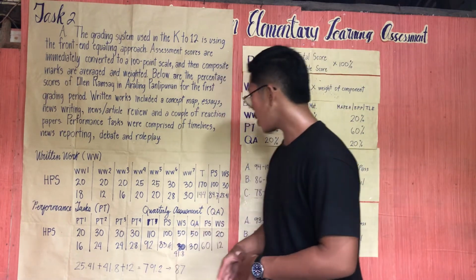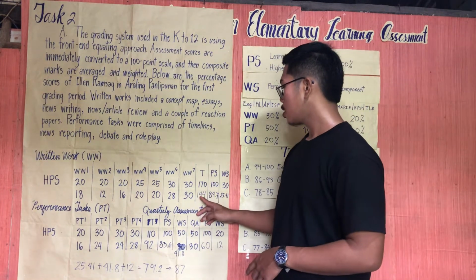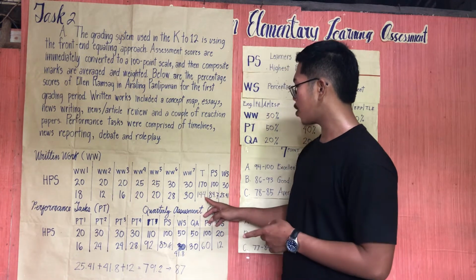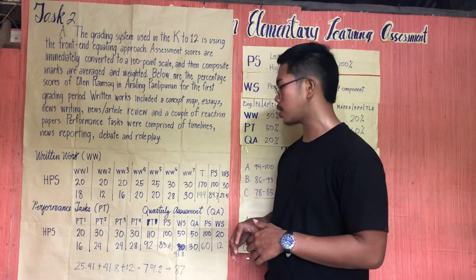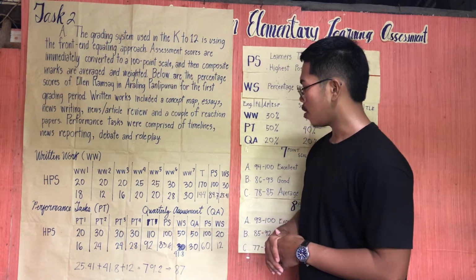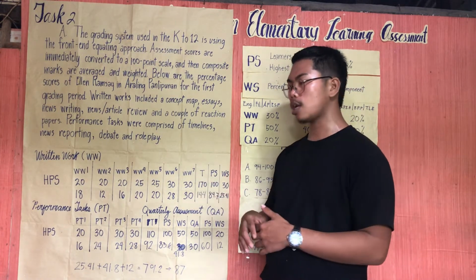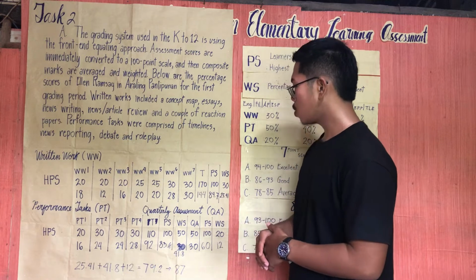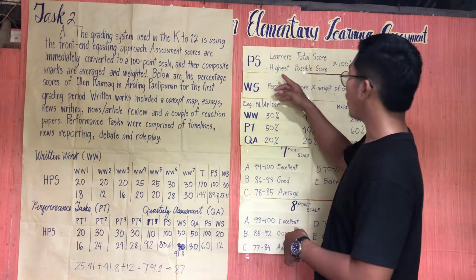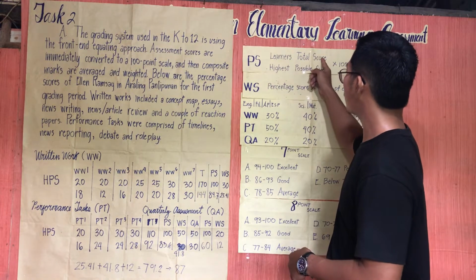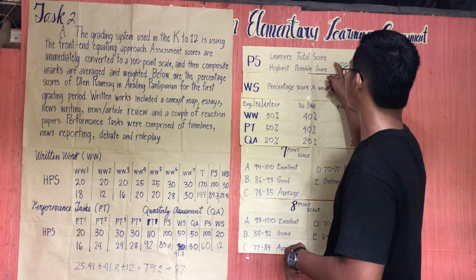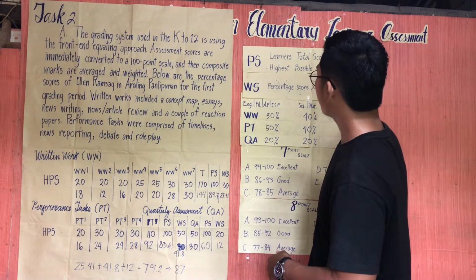Okay, since we have now the 144, we can now find the percentage score. We will find the percentage score through the formula. Again, the formula: learner's total score over highest possible score times 100%.